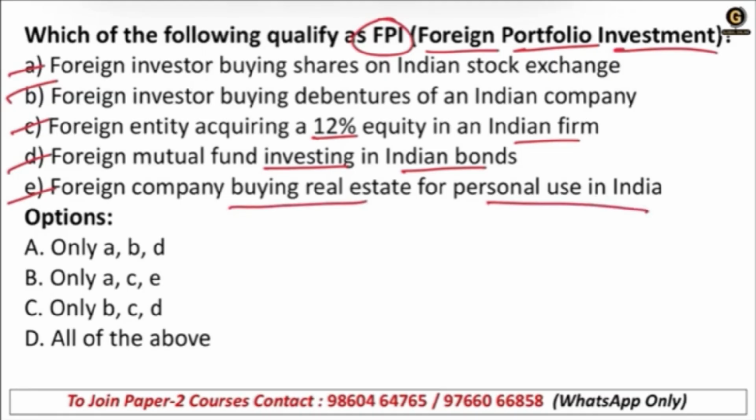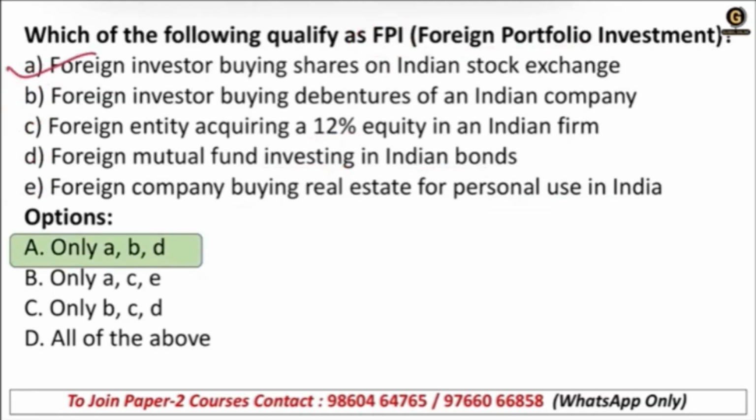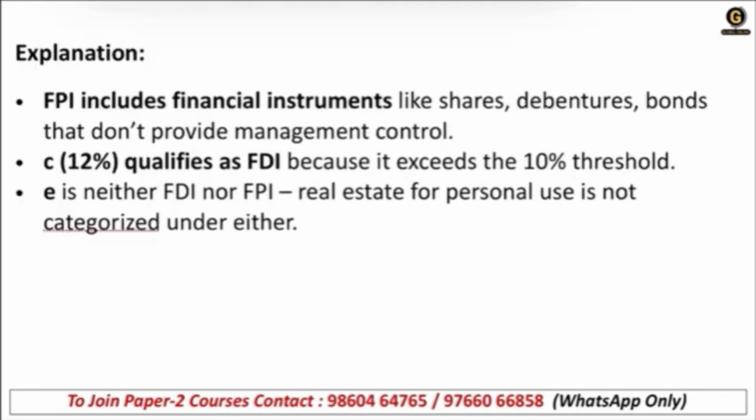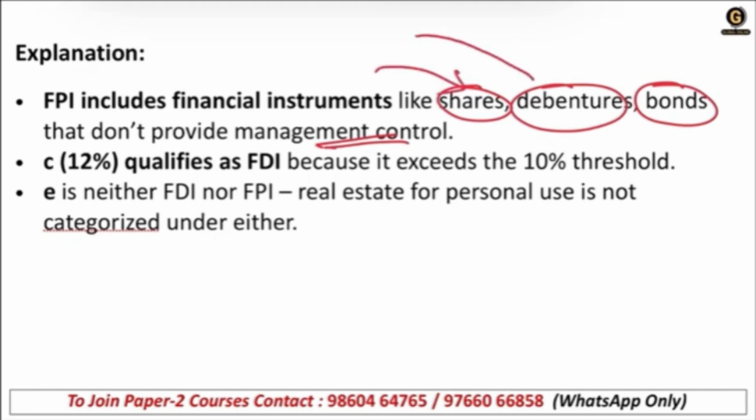Okay, so the right answer is option A, that means A, B and D only. Okay, C is not correct. FPI includes financial instruments like shares, debentures, bonds that don't provide management control, right? So here you can invest in another country, you can invest in shares, in debentures, and in bonds as well.